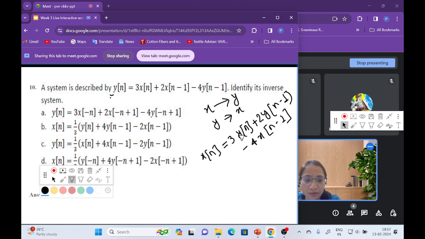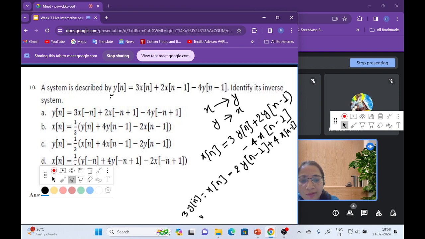So just keep 3y of n on this side and all others go to the other side: x of n minus 2y of n minus 1 plus 4x of n minus 1 is equal to 3y of n, right?